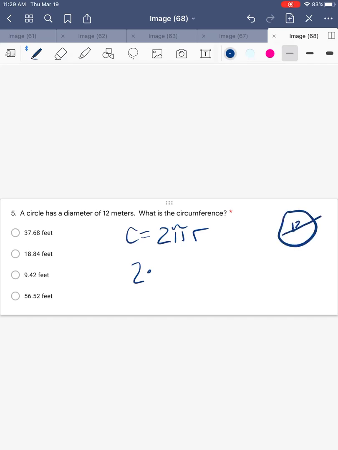The diameter again is 12, and remember that the radius would be half of that, so radius equals 12 divided by 2, which would be 6. So I have 2 times pi, which is 3.14, times 6. So whatever I get there will be my answer. Good luck on it, and let me know if you have any questions.